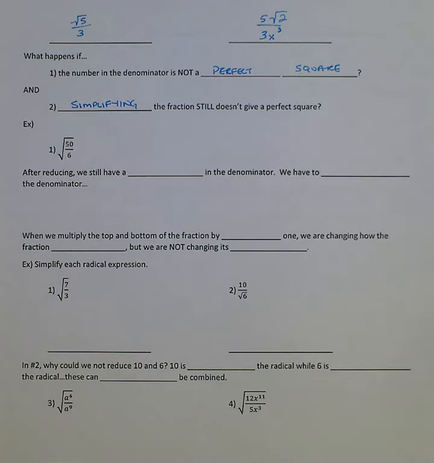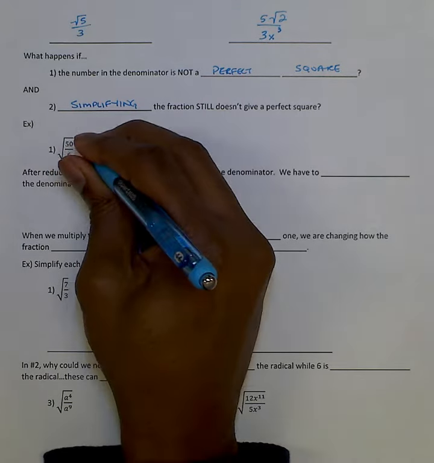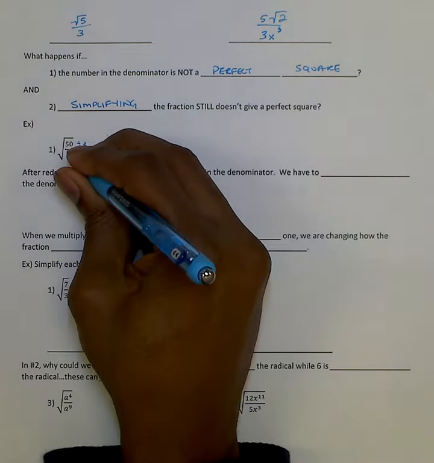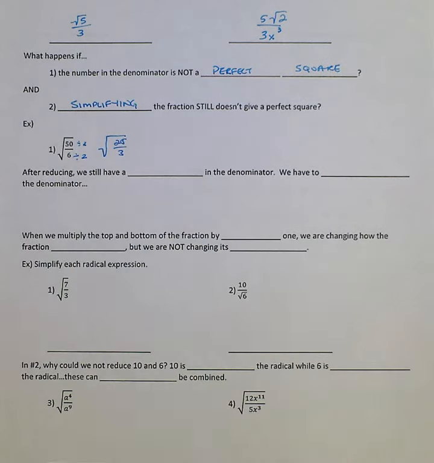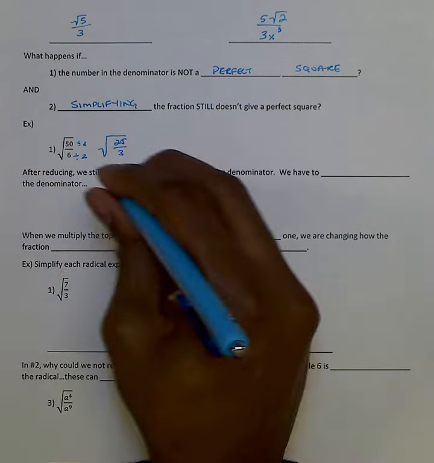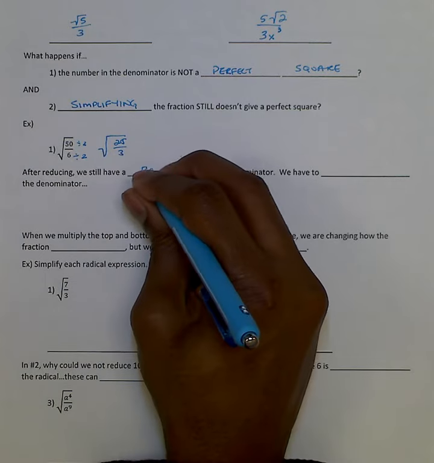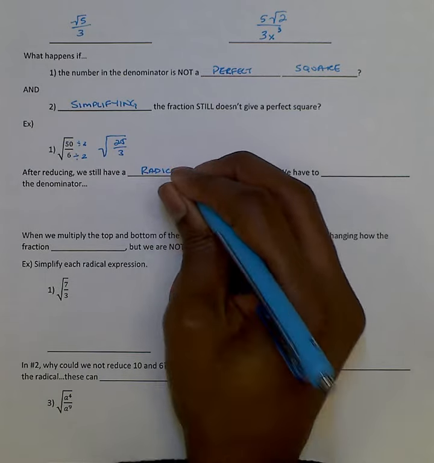We have radical 50 over 6. So we see 6 isn't a perfect square. Let's simplify. Okay, I can take 2 out. Okay, and then I have radical 25 over 3. All right, and so after we take radical 25 over 3, you see that we still have a radical in the denominator, and we cannot have a radical in the denominator of our final answer.